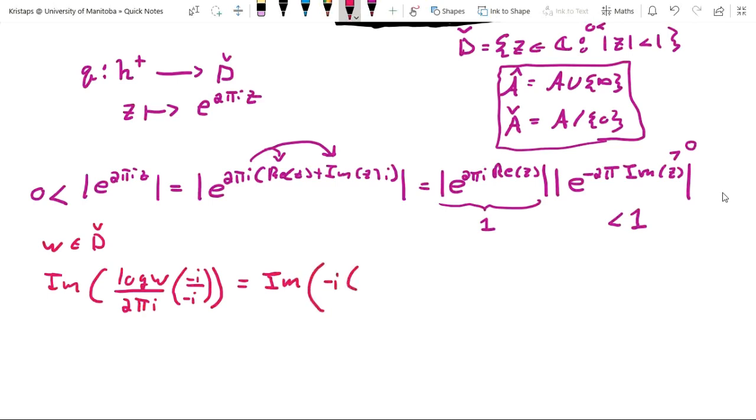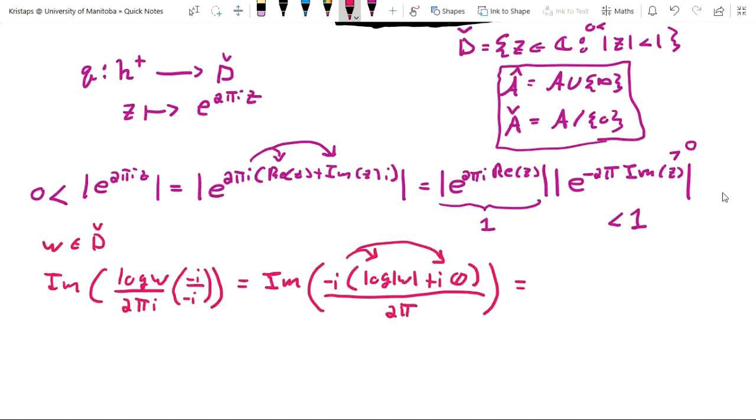times the complex logarithm. And now I'm going to expand out the complex logarithm. So this becomes the real log of the norm of w plus i theta, where again theta depends on our particular branch cut for the logarithm, all over 2 pi. Now, multiplying negative i into the parentheses, we see that in the second term with the theta, the i's are going to cancel each other out, and we'll have something purely real.